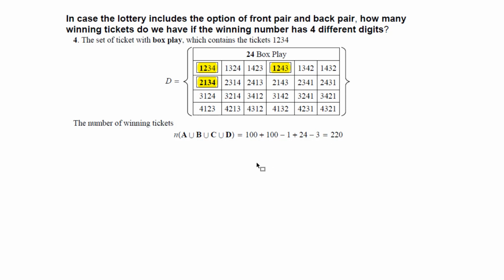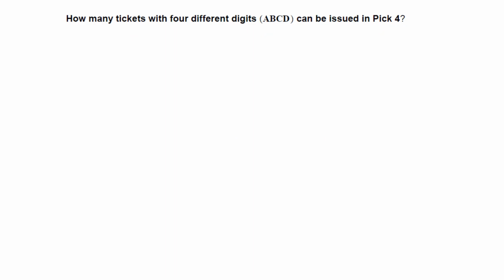So the possible winning tickets in the case of a ticket winning with 4 different digits is going to be 220 tickets.